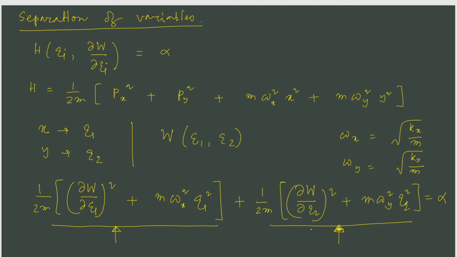That is true for y also. For the motion along y, the momentum and the spring energy along y, their sum must be a constant of motion, and it has nothing to do with what is happening along x.